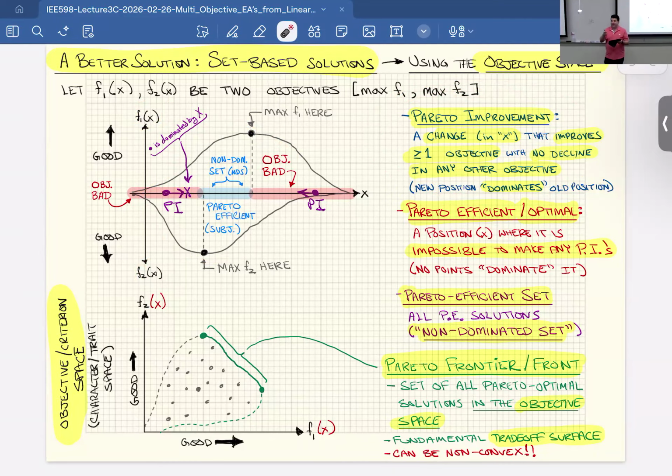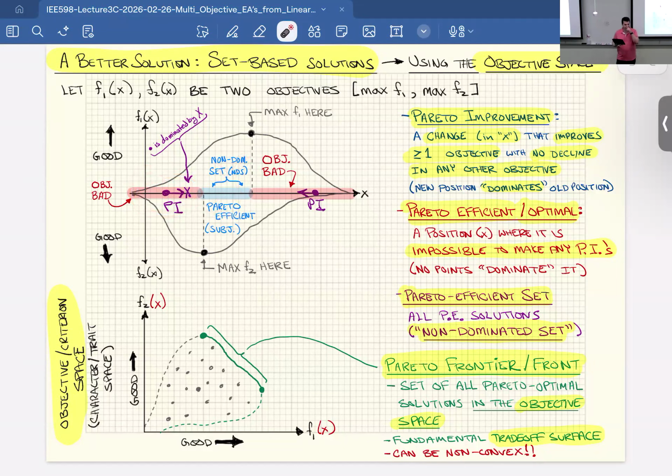If I want to minimize F2 and maximize F1, then from this point, if I move in this direction I'm maximizing F1, but making things worse in F2. So switching that around may end up switching which is the Pareto efficient set and which is the dominated set.